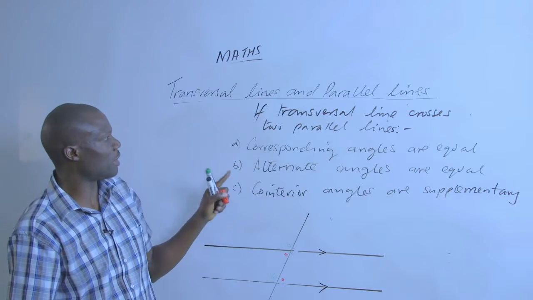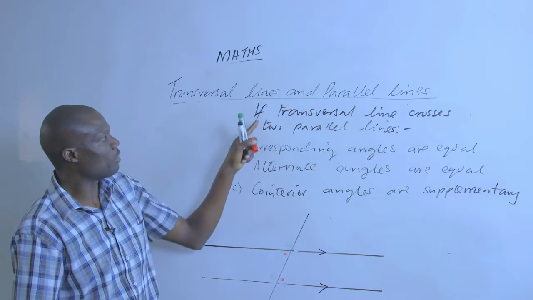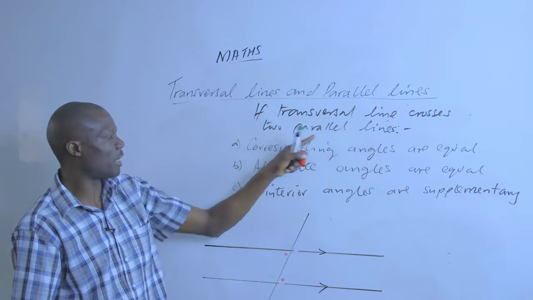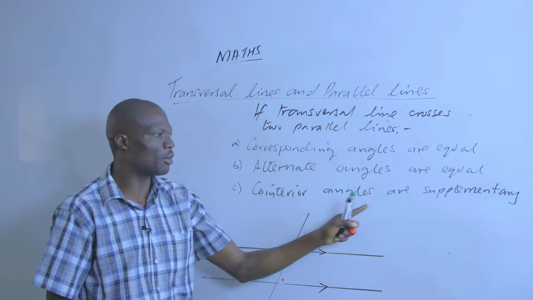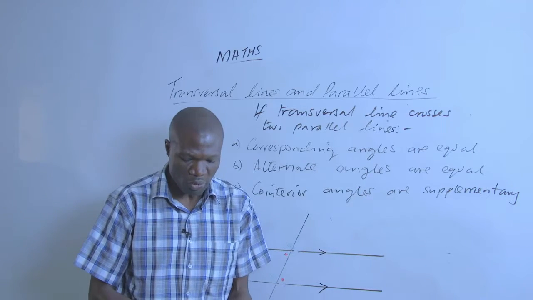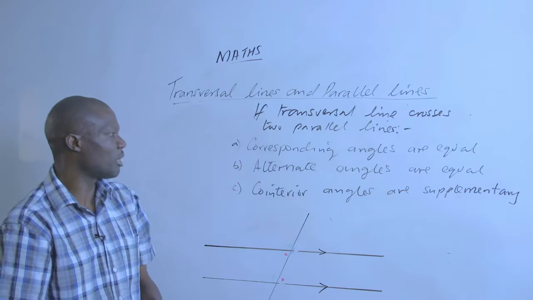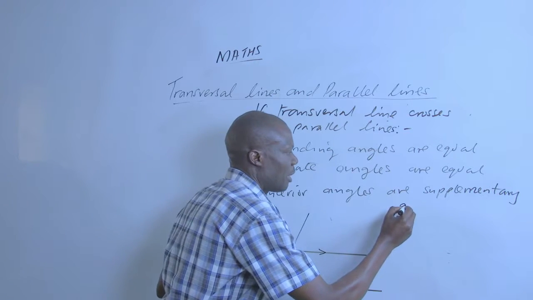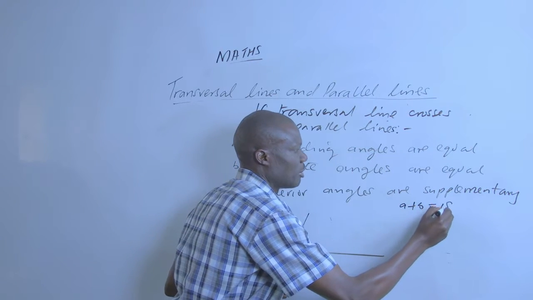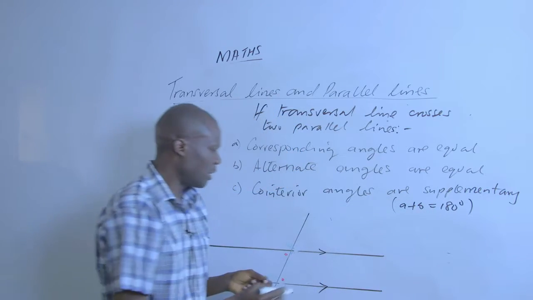And conclusion number 3 is that if the transversal line crosses two parallel lines, then co-interior angles are supplementary. When we say co-interior angles are supplementary, we simply mean that A plus B should give us 180 degrees.